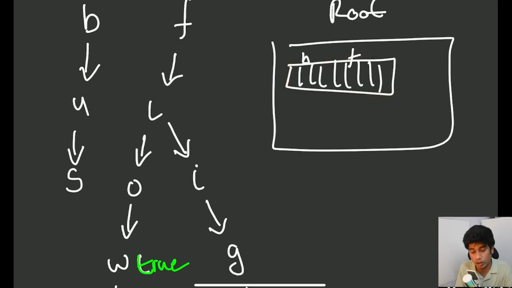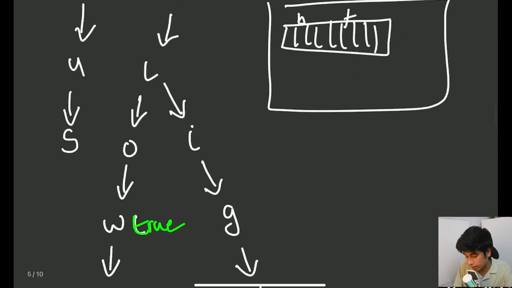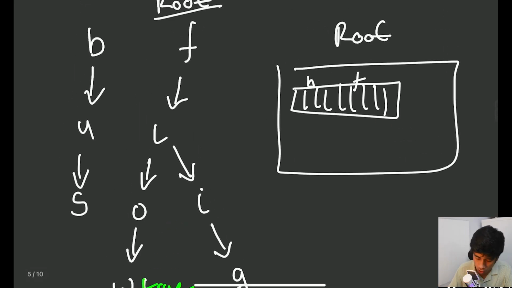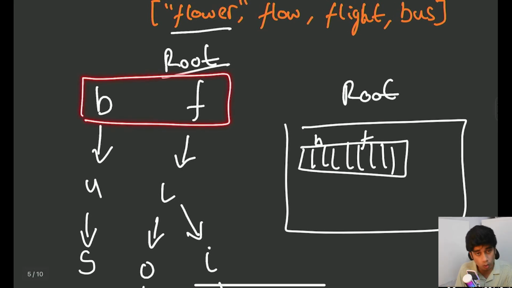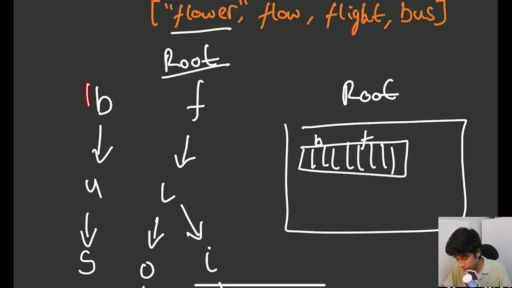Whenever I have something greater than 1, that is when I break my loop and then find the common prefix. So here, since I have 2 at the root level, I don't have any common prefix.